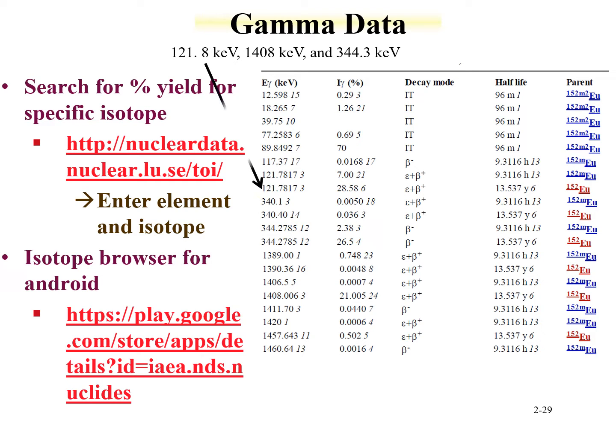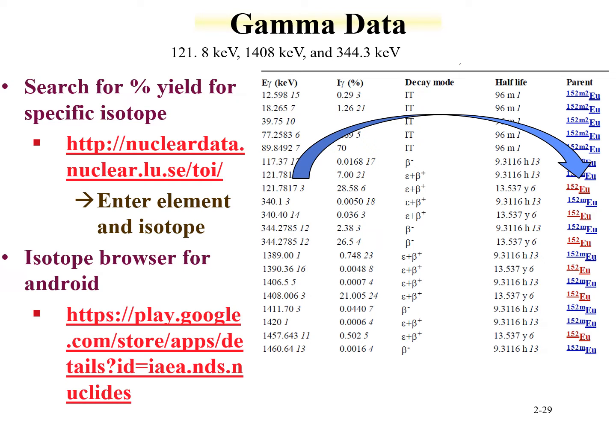So for instance, with the europium-152 example that we've gone through, here's the data for 121.8 keV. And what I wanted to point out is that there's two values for the decay of 121.8. And you can see that one of these values is for the metastable state and one's for the ground state.